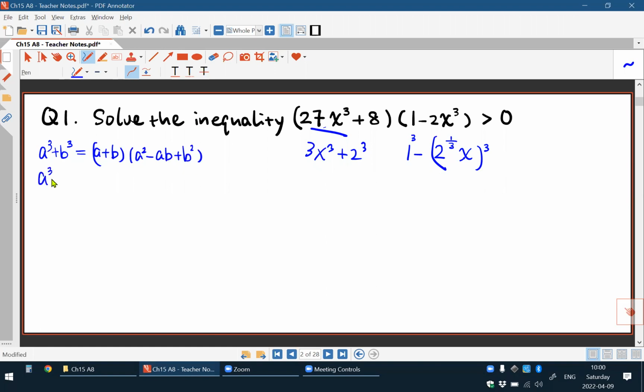There's another one, a cube, difference between two cubes equals... All right, so first of all, all right, let me get it.